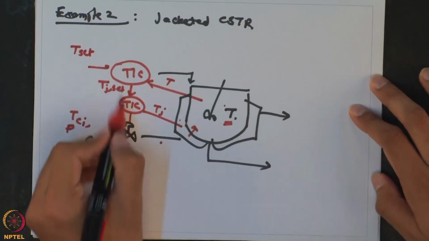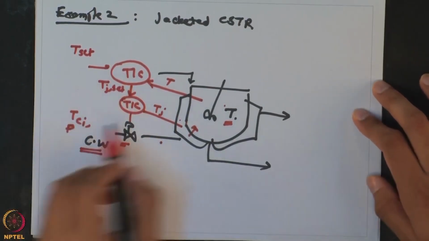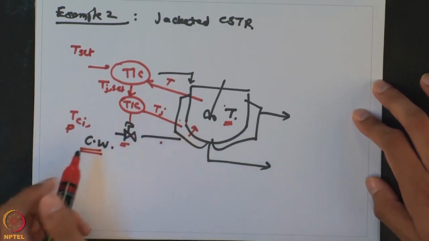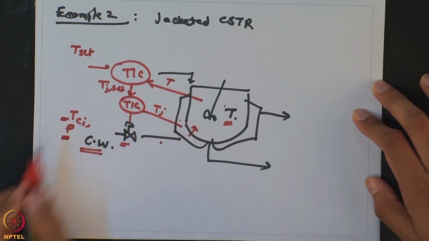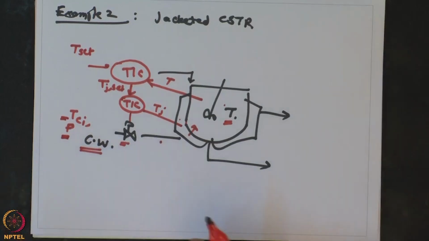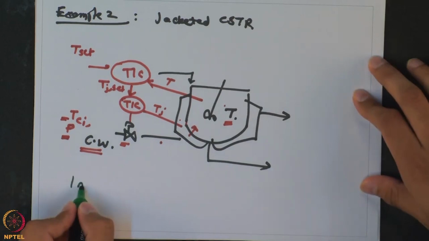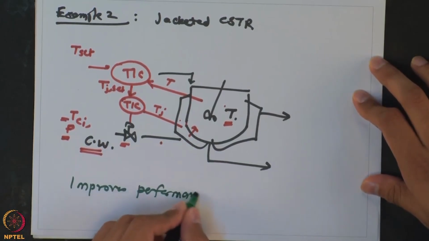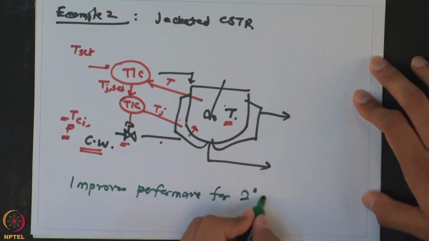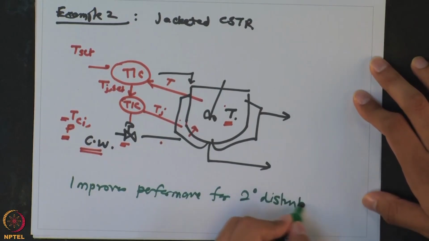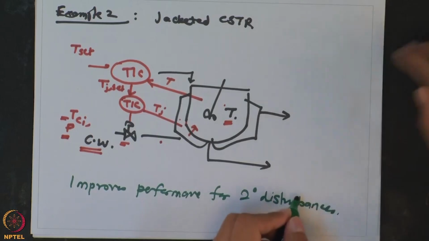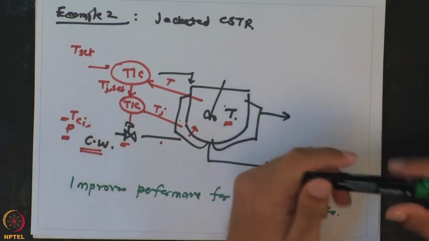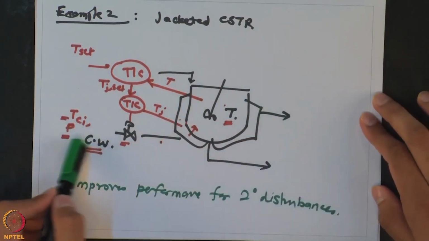So, by using a temperature cascade, we can improve the performance of this control strategy for disturbances which are happening in the manipulated line. So, the cascade control strategy improves performance for secondary disturbances, like the disturbance in the fuel flow line, or here the disturbances in the coolant line.